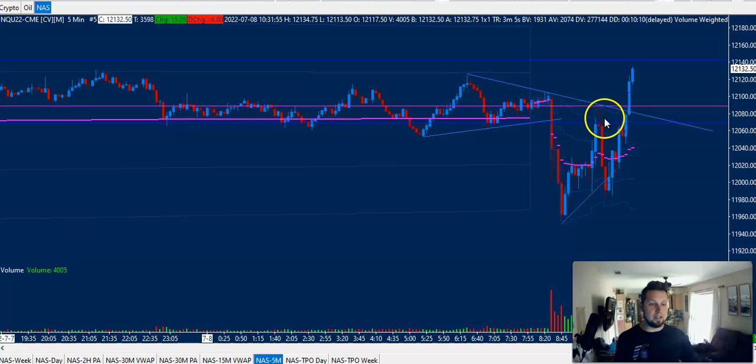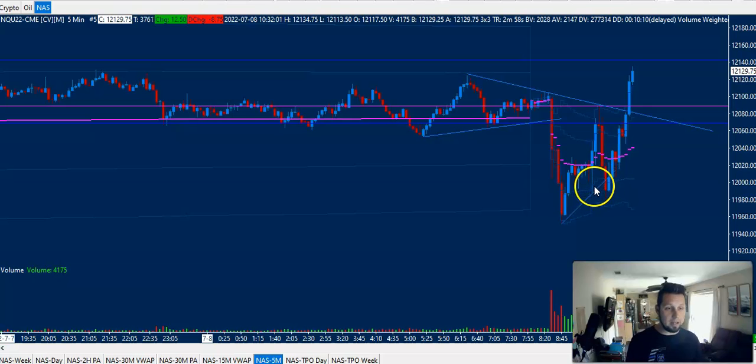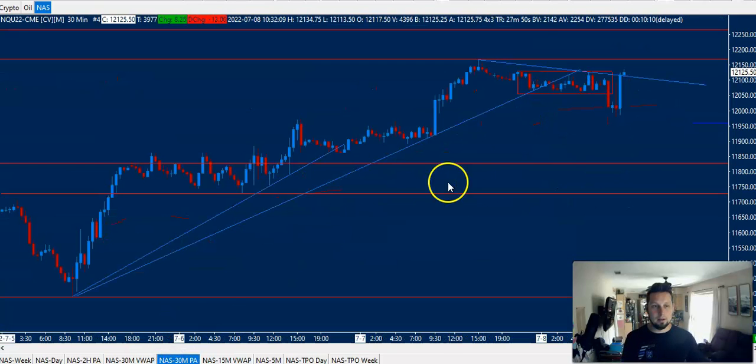We got a nice move to the downside. It broke the new uptrend line that happened, but ultimately, price found support, and now things are breaking to the upside. So, all of that to say that a move like this has the tendency to fake out a lot of people, right?